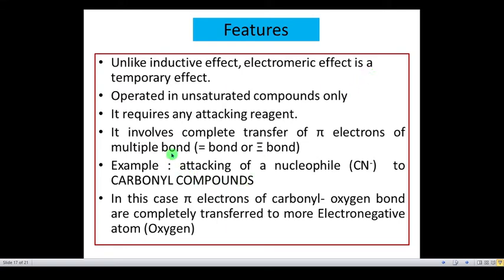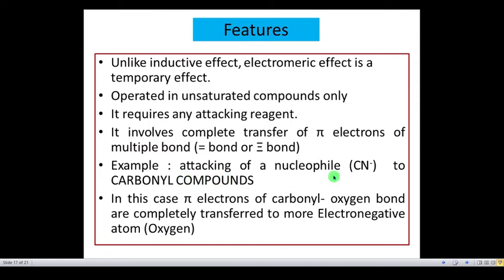Suppose this attacking reagent is removed from the system, what happens? Once it is removed, the pi electrons automatically come back to the normal position and the compound becomes normal. This possibility is also expected in the case of the electromeric effect, but that does not take place in the inductive effect.